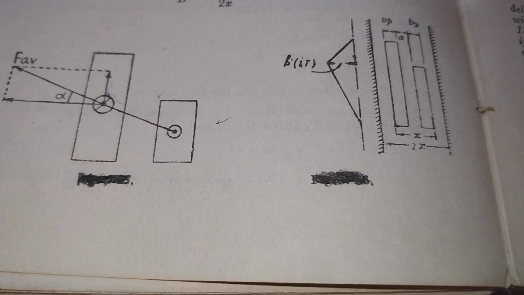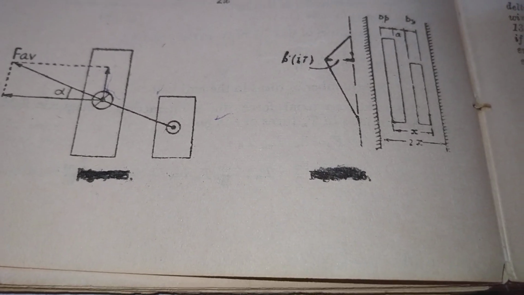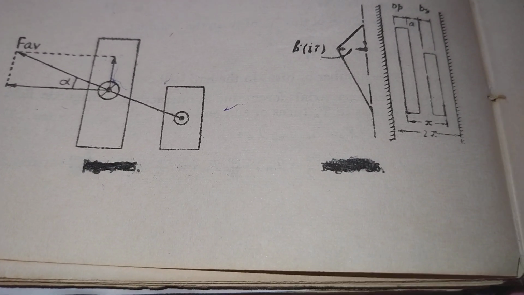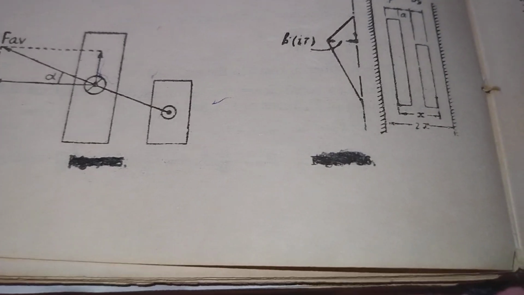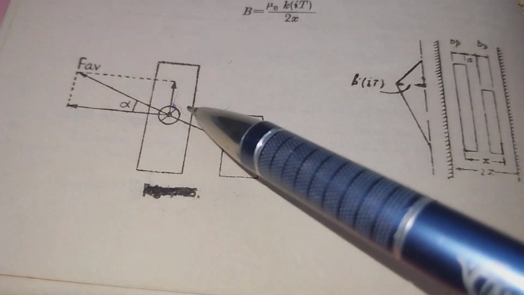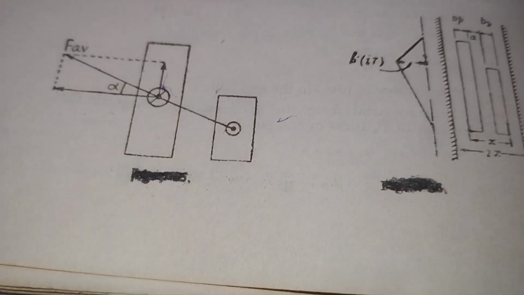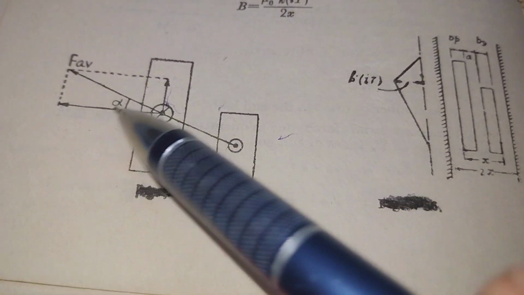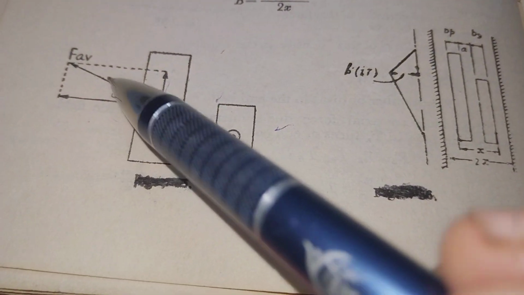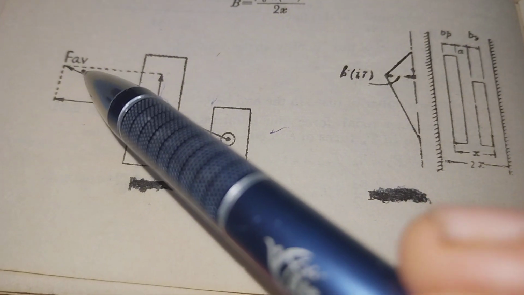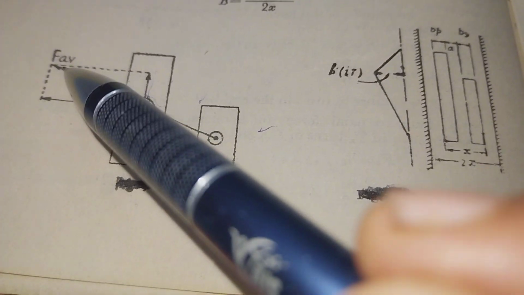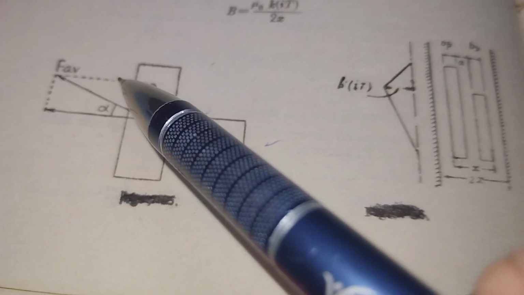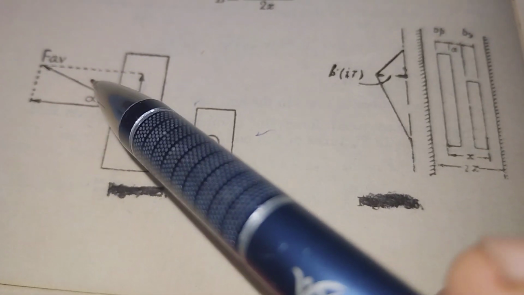The results obtained above hold good for the total force, but this force will have both radial and axial components as shown in this figure. The radial component is FAV cos alpha, and the axial component will be FAV sin alpha.